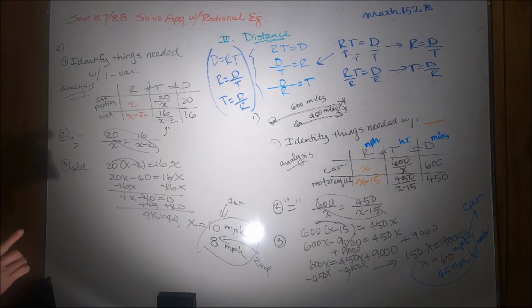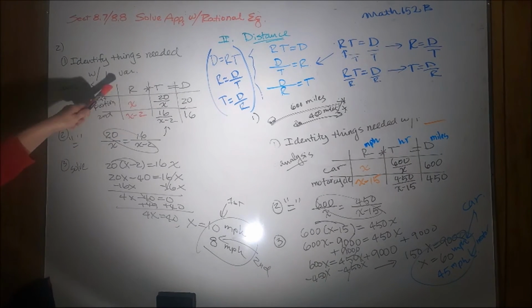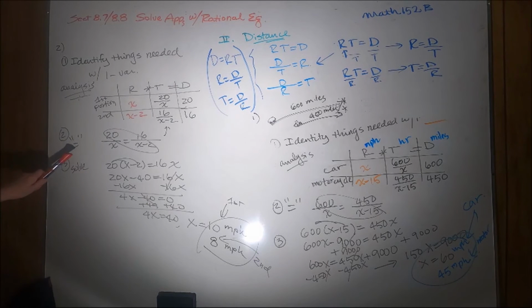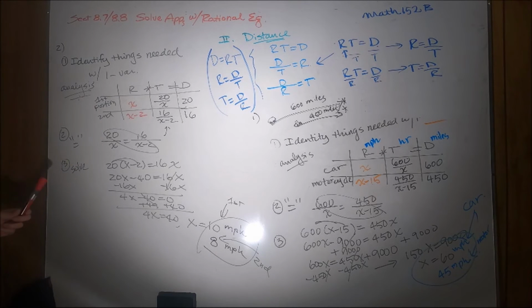So that's how you will do the third problem, distance problem. Got the idea? So first, you identify things you need with one variable. So you do your spreadsheet type of table, right? Then second one, you match with the question, what kind of things are the same?